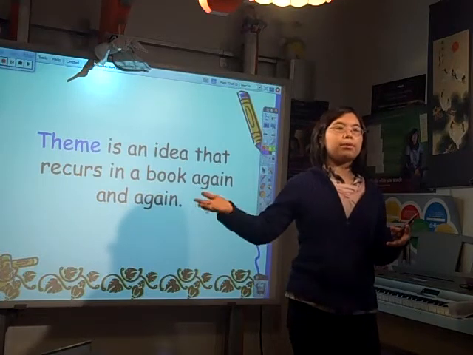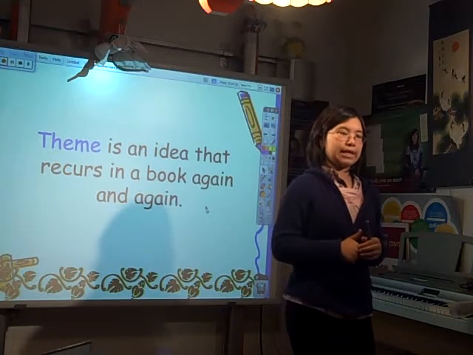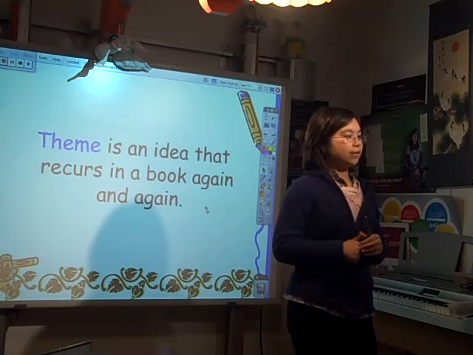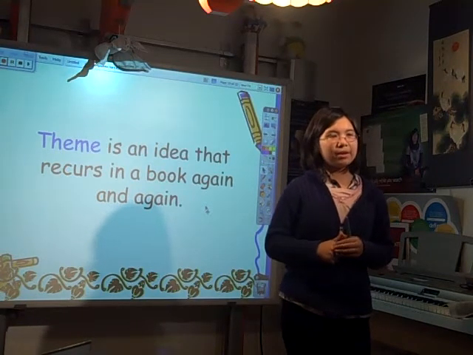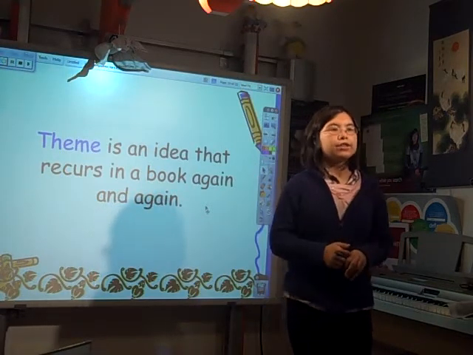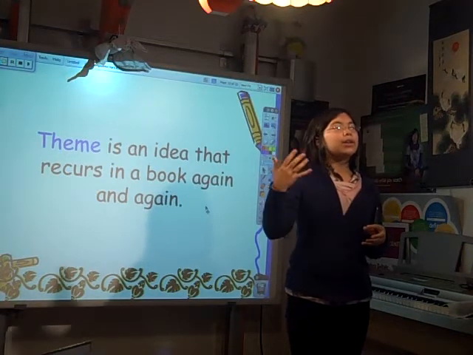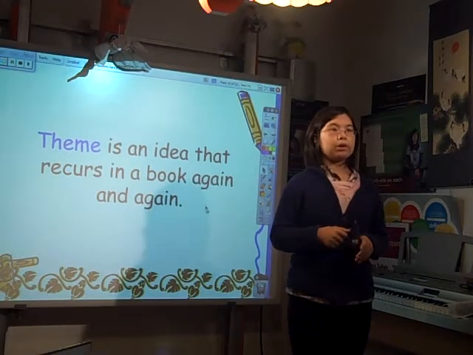Theme comes up throughout the story. It's the big unifying thing that ties it all together. So if you think about a story without a theme, it would be a little disorganized. It wouldn't quite have a point. So theme is an idea that ties it together, that recurs throughout the book.